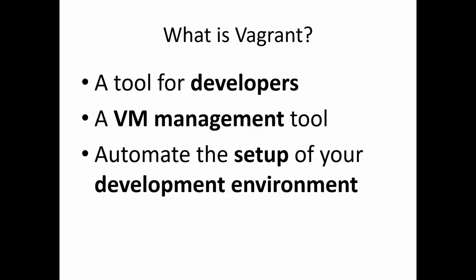So basically you need to create different types of dev environments for different bugs and different releases. Let's say you want one environment for Java 4, one for Java 5, one for Java 6.